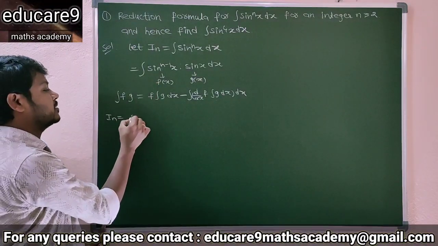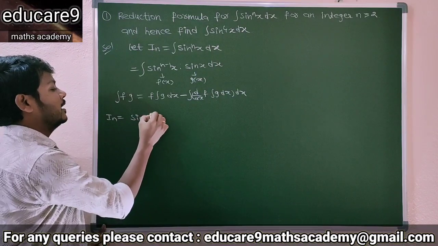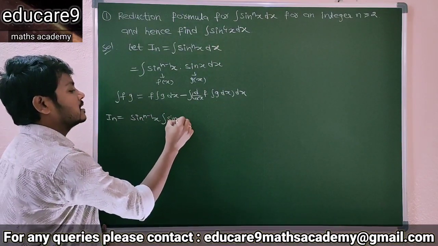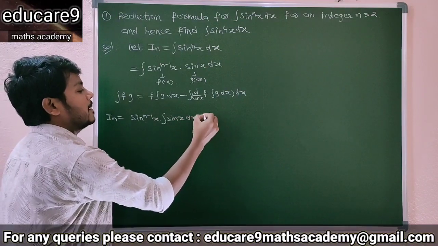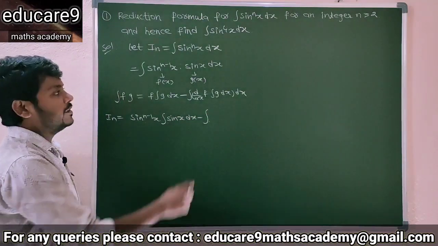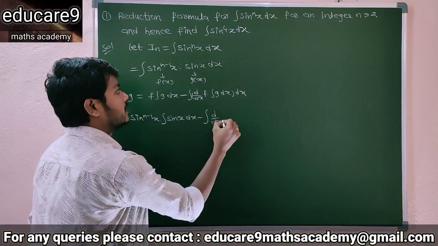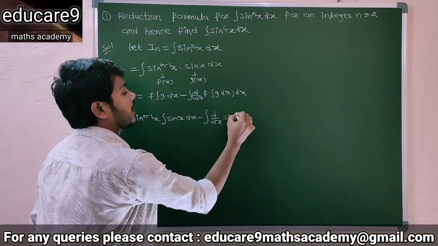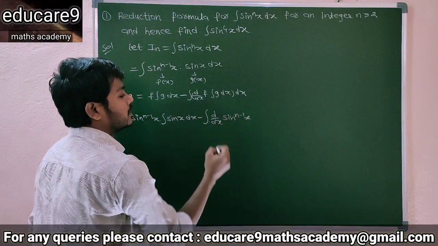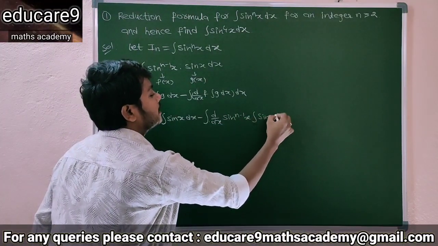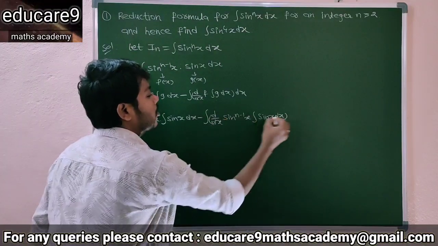Sin power n minus 1. So sin power n minus 1x into integration of sin x dx minus integration of derivative of the first function, that is d by dx of sin power n minus 1x into integration of sin x dx, whole dx.